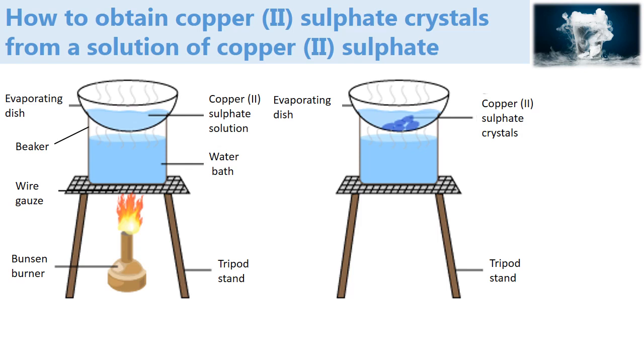These diagrams represent the process which we can use to obtain copper 2 sulfate crystals. You will set up the apparatus as shown in this first diagram here. You begin heating copper 2 sulfate solution in an evaporating dish until it starts to form crystals.